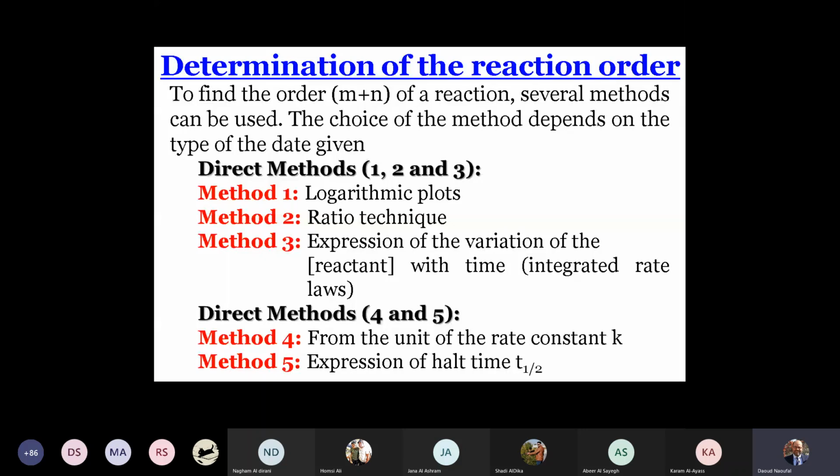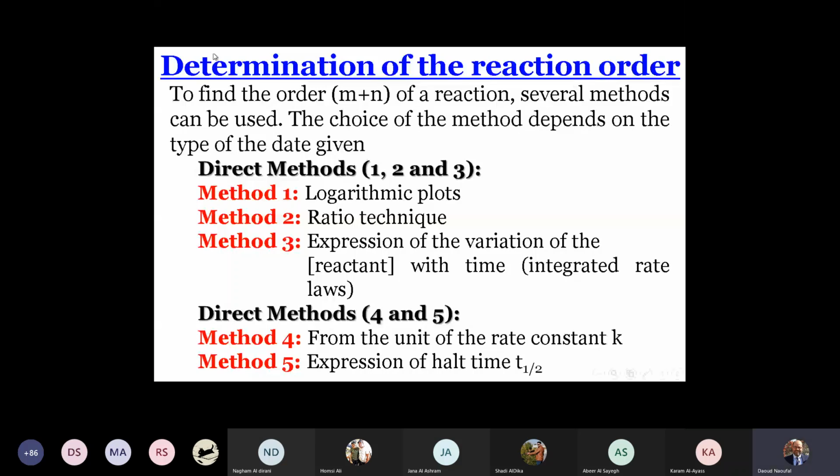If they ask us to calculate the partial orders, that means we have to use method 1, 2, or 3. If they ask to calculate the global order of the reaction, we can use 1, 2, 3, 4, and 5. But pay attention, methods 4 and 5 cannot generate the partial orders of the reactions.